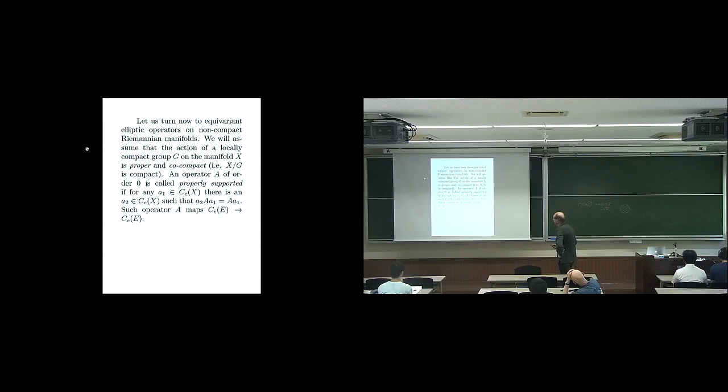The operators which we will consider, pseudo-differential operators of order 0, will be called properly supported if for any compactly supported function A1, there is another function A2 such that the multiplication A1 then your operator, A2, is the same as A1. So it means that this operator doesn't go beyond a certain compact set.